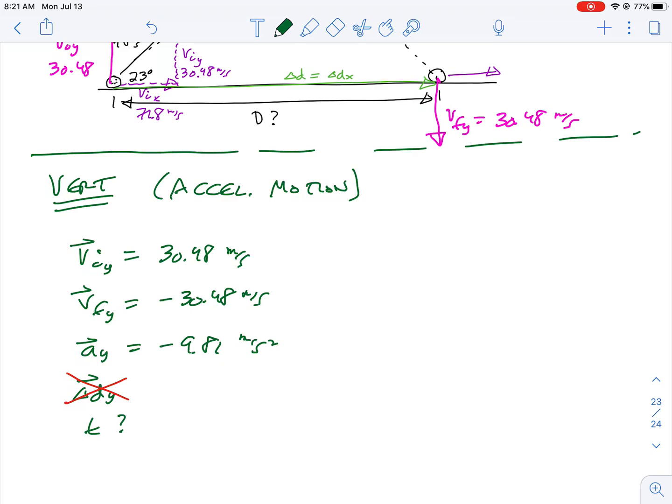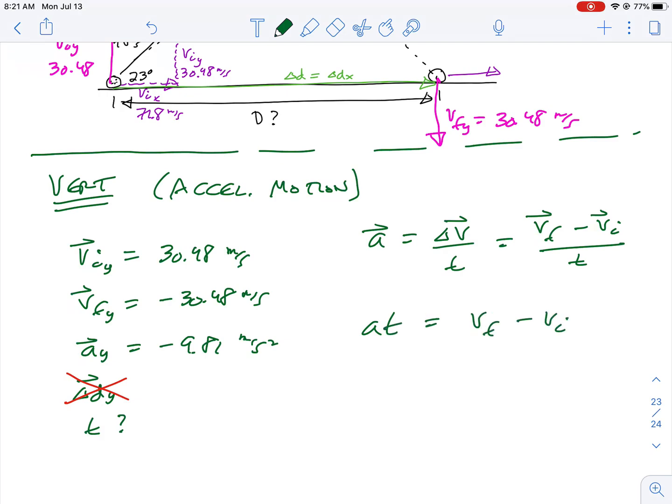So our equation for this one will be acceleration is equal to change in velocity over time, or simply V final minus V initial over time, cross multiply, AT equals V final minus V initial, and then get T by itself.